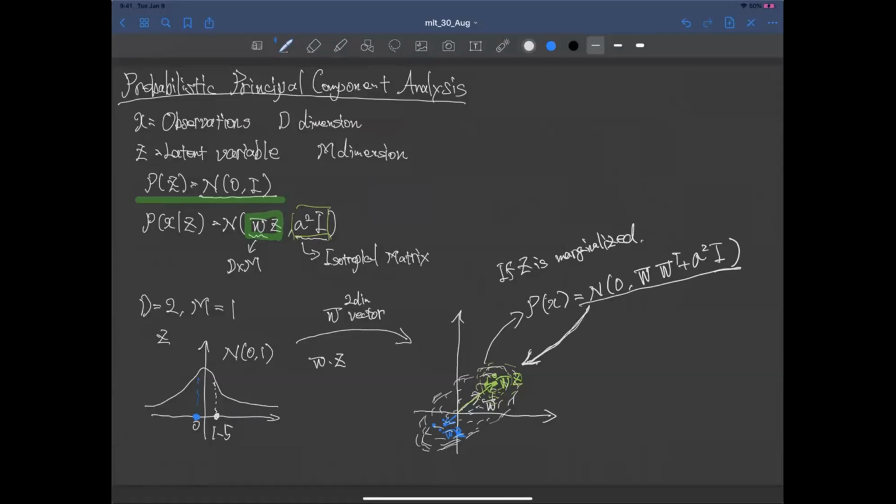I think this is the basic idea of probabilistic principal component analysis. Someone might wonder why the mean is 0 and why the covariance matrix is this, so I'll explain a little bit.